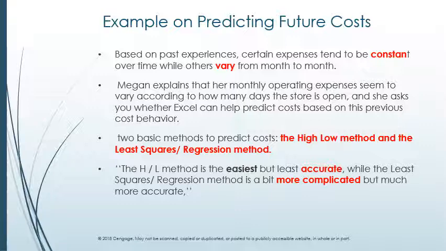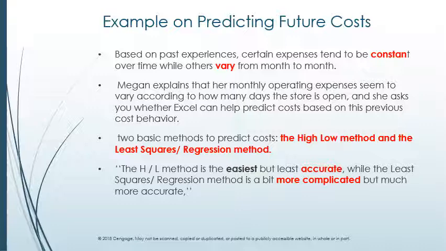This example explains that the month's operating expenses seem to vary according to how many days the store is open. She also asks you whether Excel can help predict cost based on this previous cost behavior.